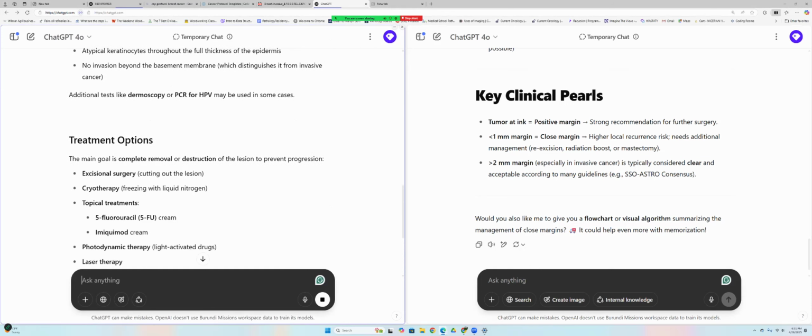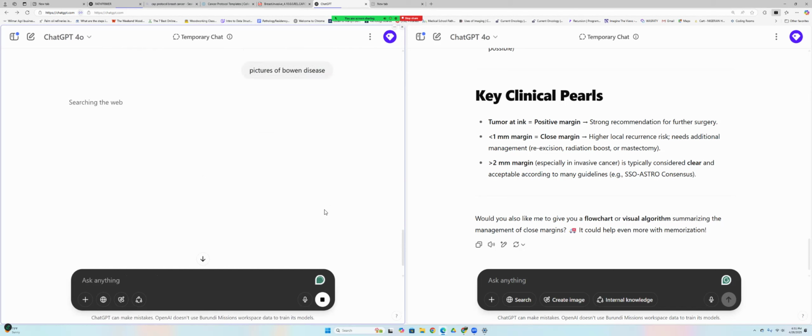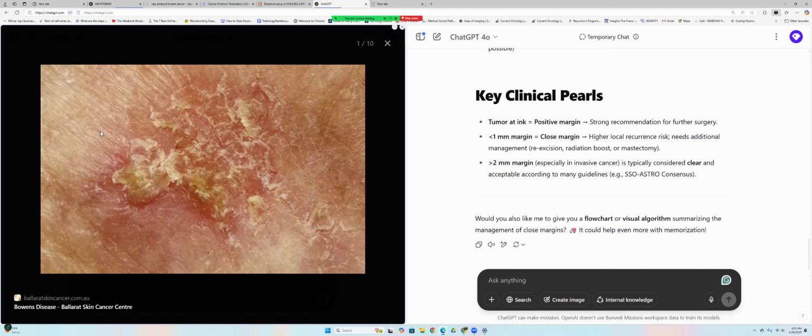Let's see pictures, please. Pictures of Bowen disease. They bring me the dermatology pictures. That's what they will do unless I tell them specifically that I want histology.